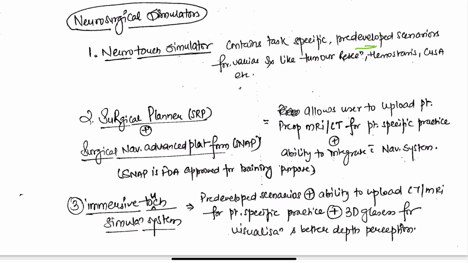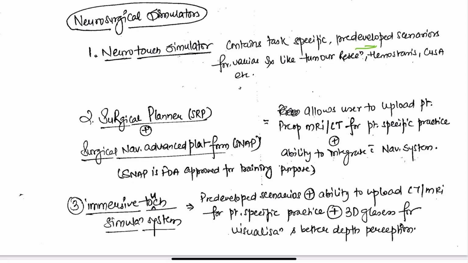So if a first year resident comes in for surgery and has to learn how to perform a neurosurgical procedure without direct hands-on, he can use a NeuroTouch simulator, which is based on pre-developed scenarios. Now we have something called a surgical planner, or SRP, or Surgical Navigation Advanced Platform, or SNAP.